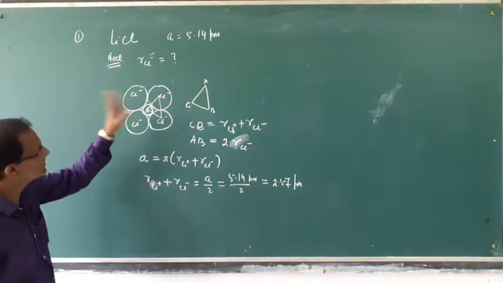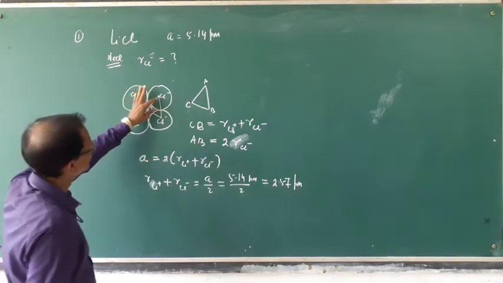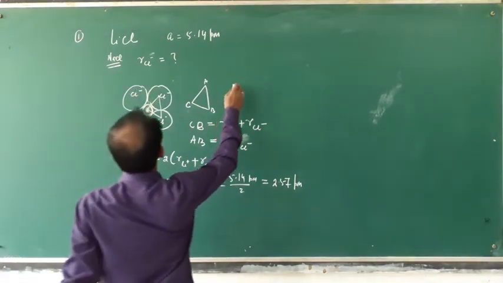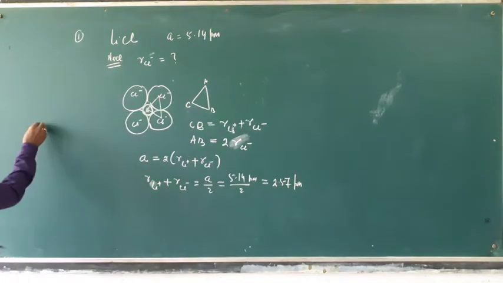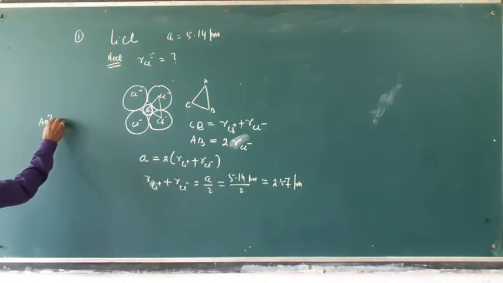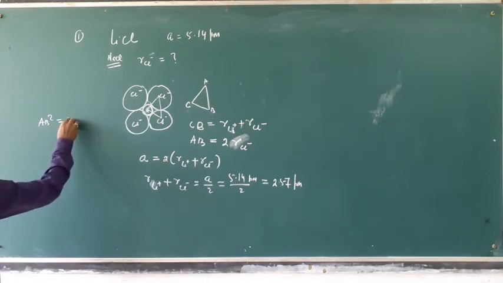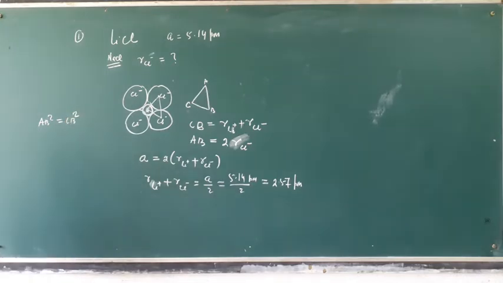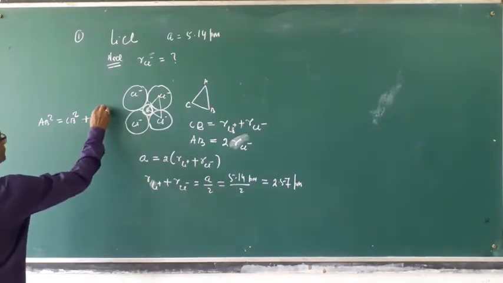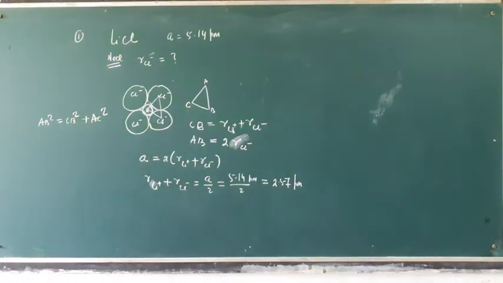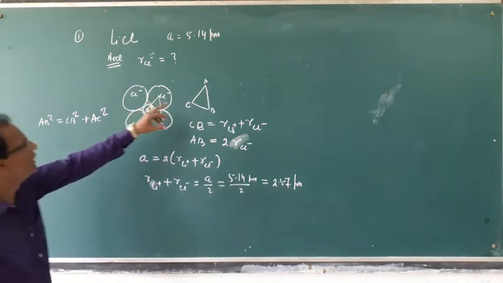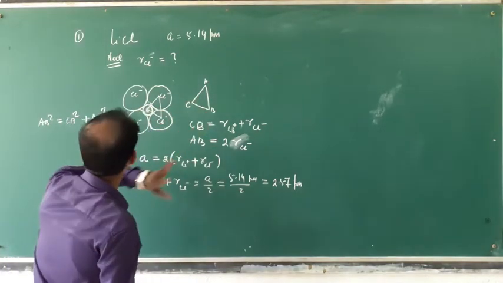But if you see that AB square, here if you see AB square is equal to CB square plus AC square. AB square is equal to AC square plus BC square.